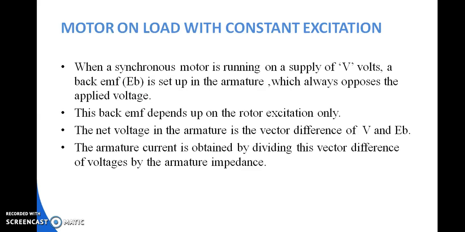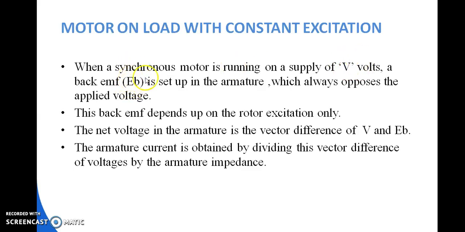Let us understand this. When a synchronous motor is running on a supply of V volts, a back EMF EB is set up in the armature, which always opposes the applied voltage. This is, we know, due to Lenz's law. V is the input voltage, the cause, and EB is the effect.